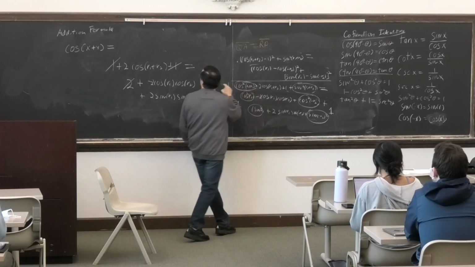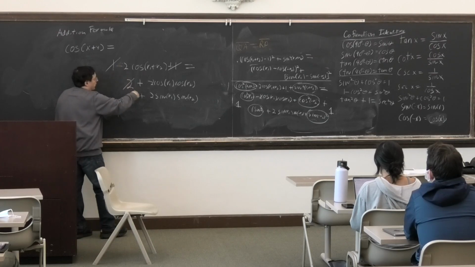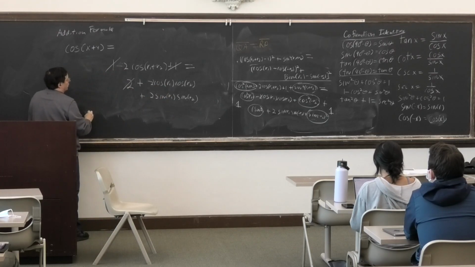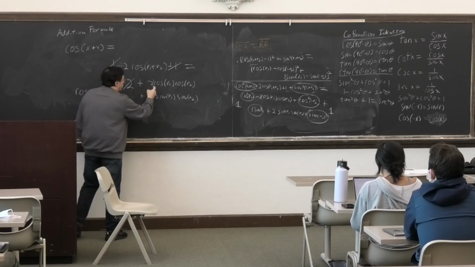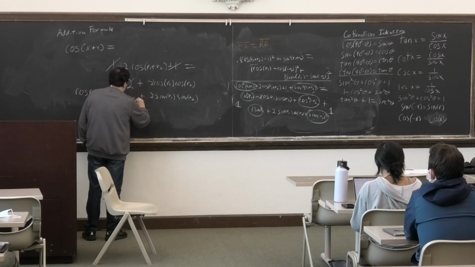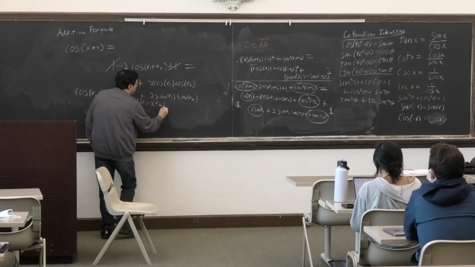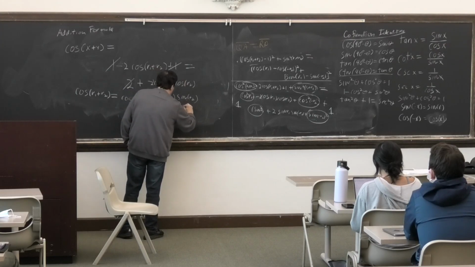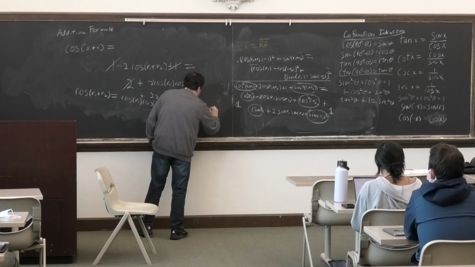This was a minus. So we divide through by -2, and what do we have? Cosine of R1 plus R2 equals cosine R1 cosine R2 minus sine R1 sine R2.